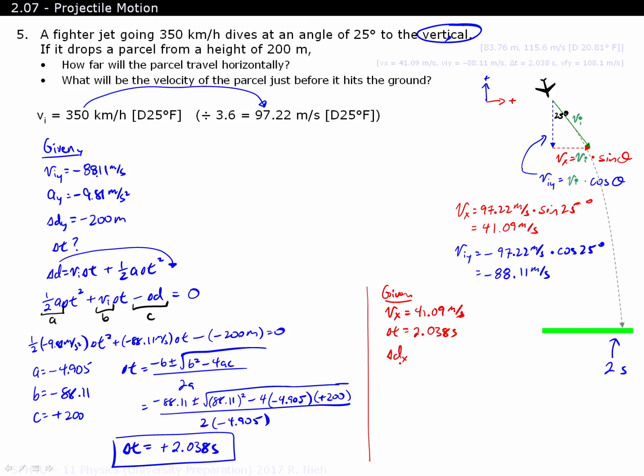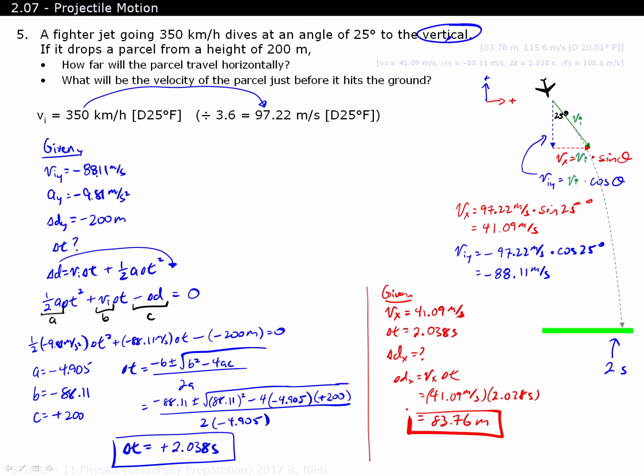So our horizontal range, where it will land, is equal to v times t. So 41.09 meters per second times 2.038 seconds will give us an answer of 83.76 meters. That's how far it will travel horizontally.